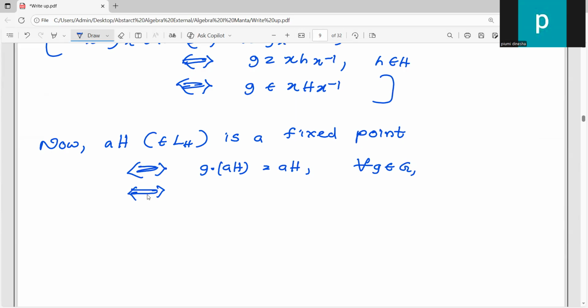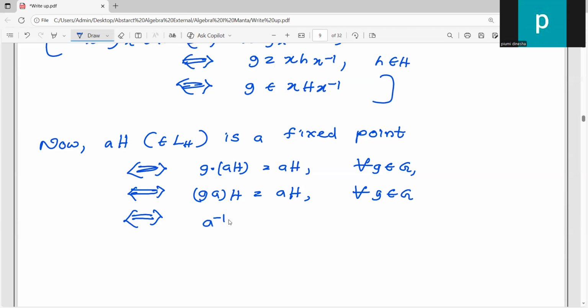This is if and only if, by simply applying the definition of this group action, we have gaH equal to aH for all g in G. Now, once again, we have two left cosets that are equal to each other.